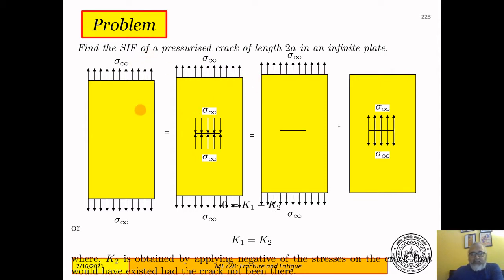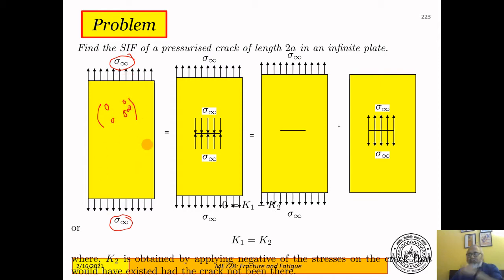So we can start with an infinite plate without a crack, but subjected to a remote normal load, sigma infinity. So this is a symmetric loading, and the stress everywhere inside this body is equal to sigma infinity. So the stress matrix is 0, sigma infinity, 0, 0.